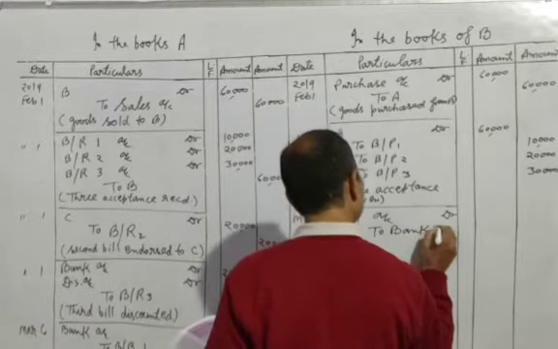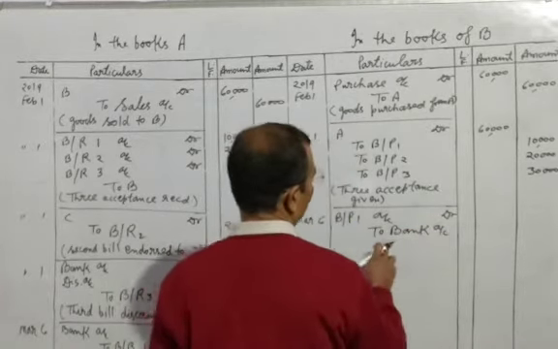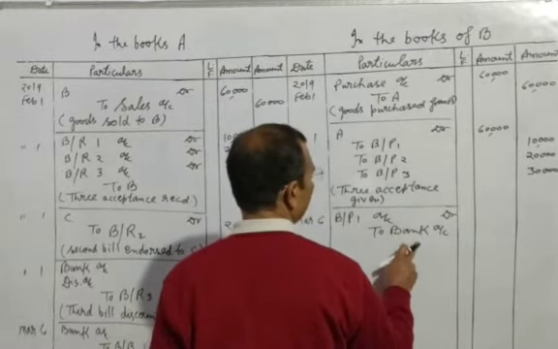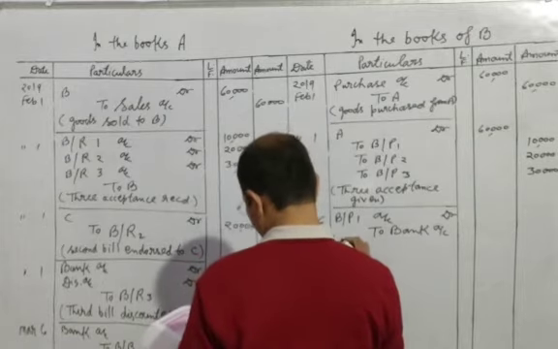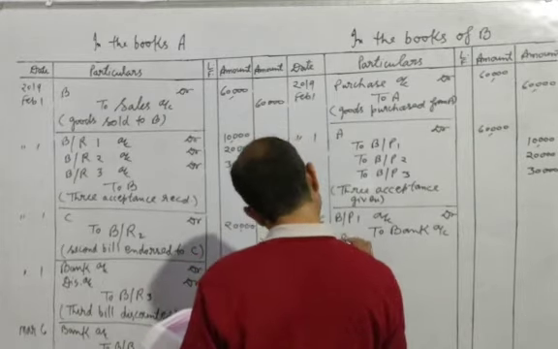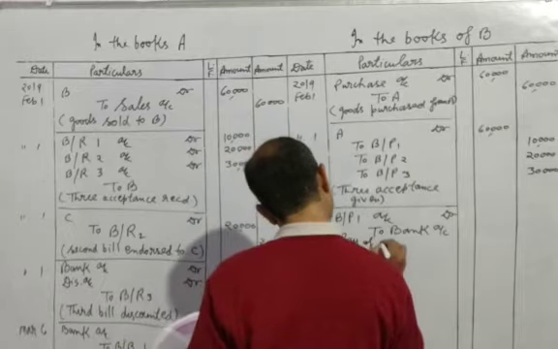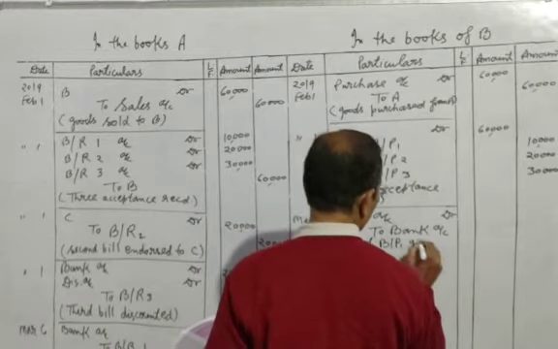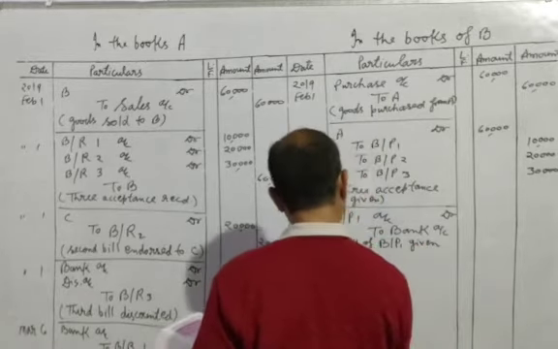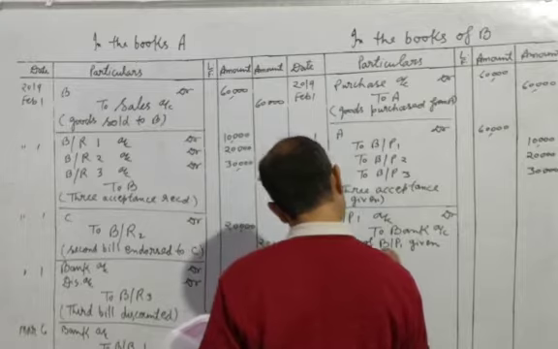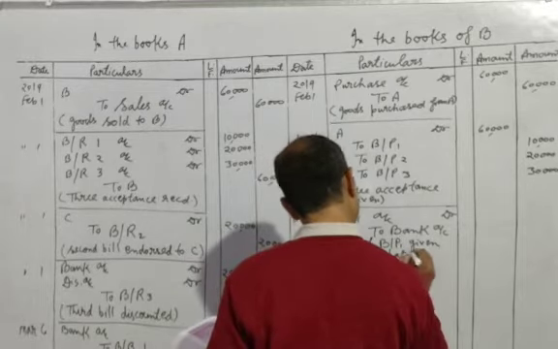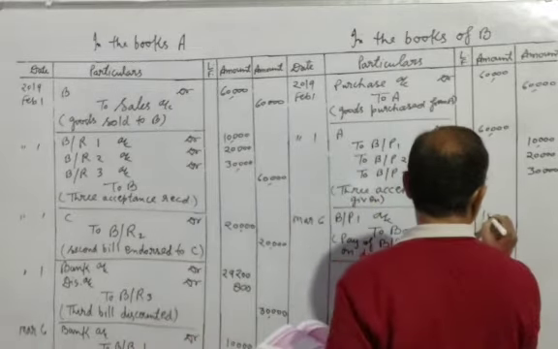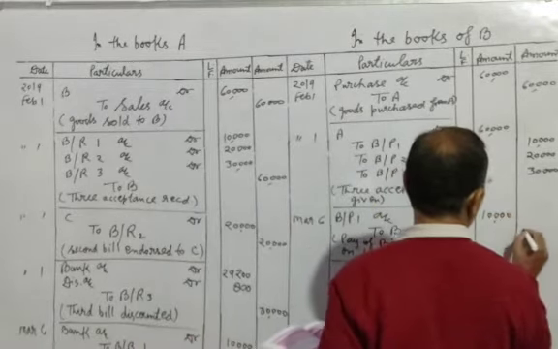If he is giving the payment by cheque, we will write bank, or we can write here cash if B is giving the payment in cash. Narration: payment of BP1 given or made on due date, and the amount is 10,000, as you know.